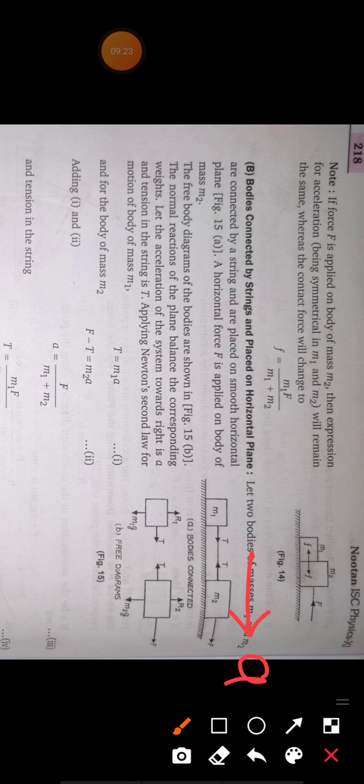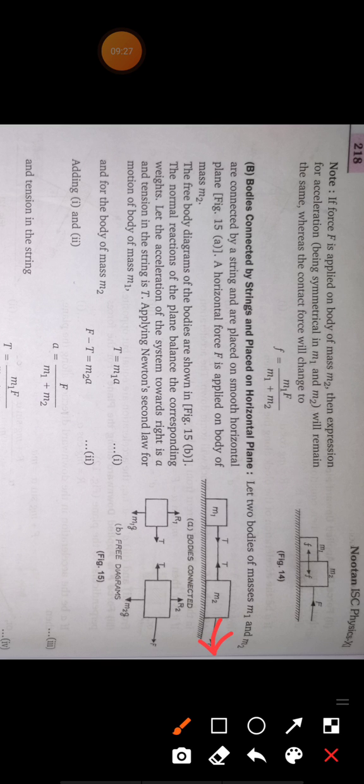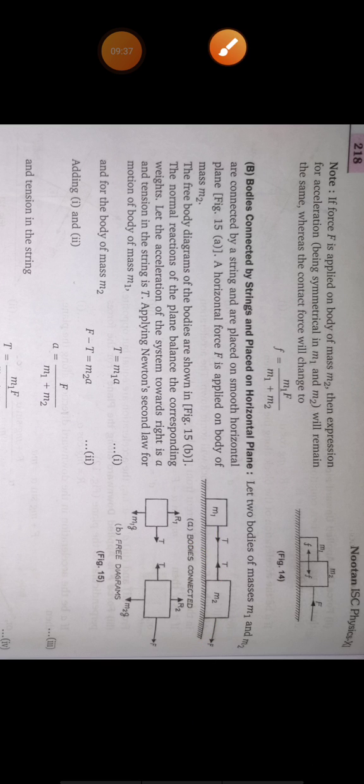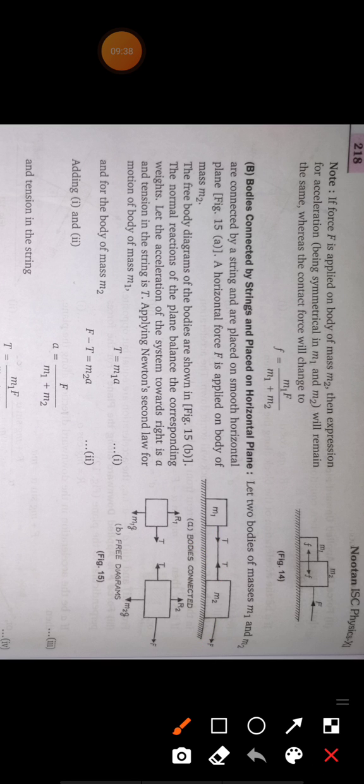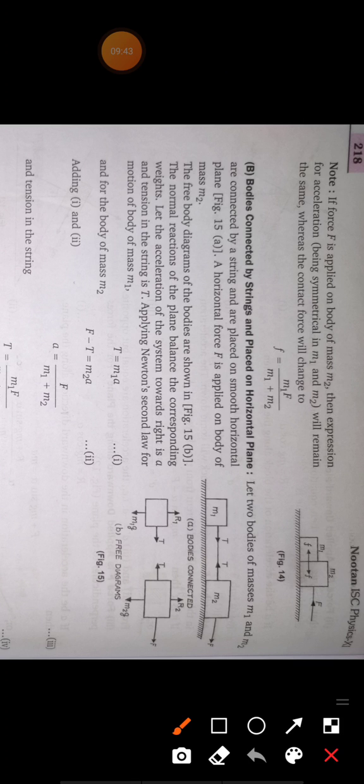Now the tension force. Due to this external force, since these two bodies are connected with a thread, m2 will try to pull m1 in this direction, and m1, since it is at rest, will try to pull m2 in this direction. Now look at the tension forces. If you are body m2, you will feel that m1 is trying to pull you in this direction.